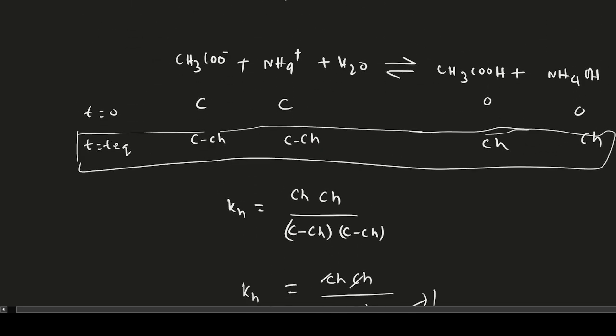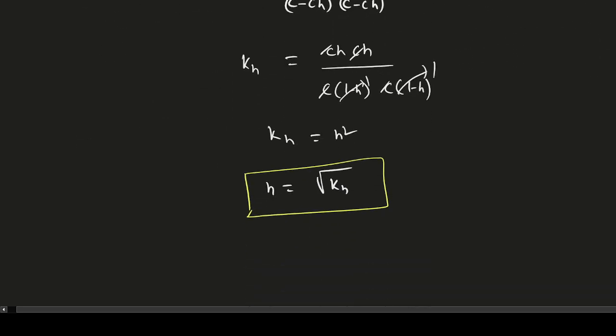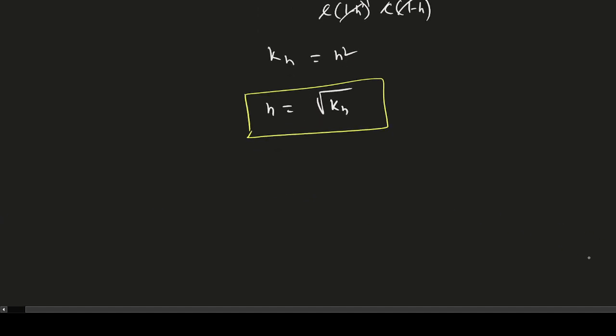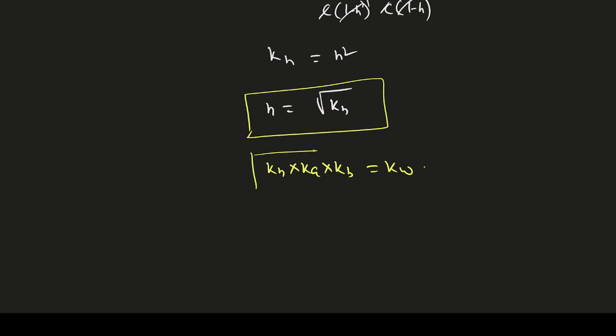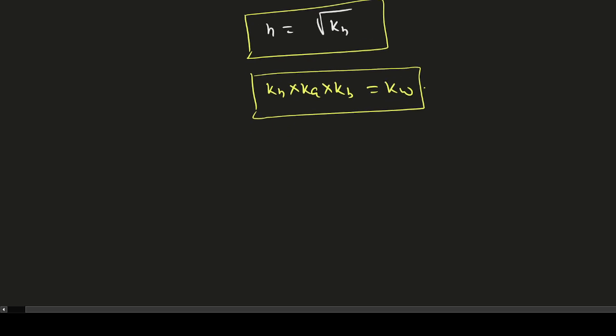So we will calculate the H plus concentration. Here Kh equal to Kw by Ka, because both are coming from weak component of acid and weak component of base.